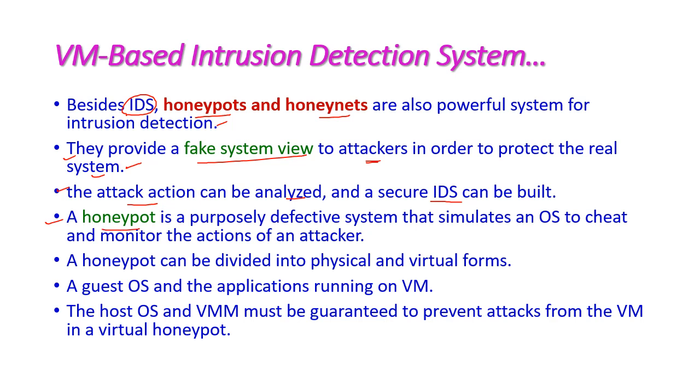Here the honeypot is a purposely defective system that simulates the OS to cheat and monitor the actions of attackers. And the honeypot can be divided into physical form and virtual form. Here our guest OS and applications will run on this virtual machine. The host OS and virtual machine monitor should be guaranteed to prevent attackers from reaching the virtual machine in a virtual honeypot.